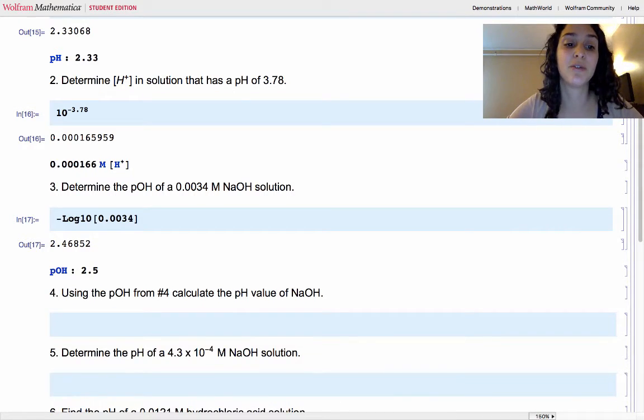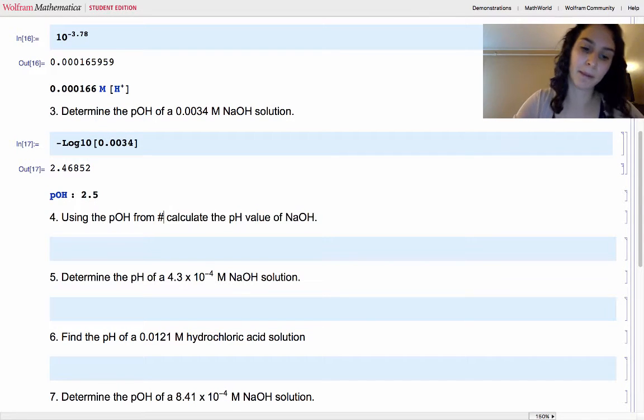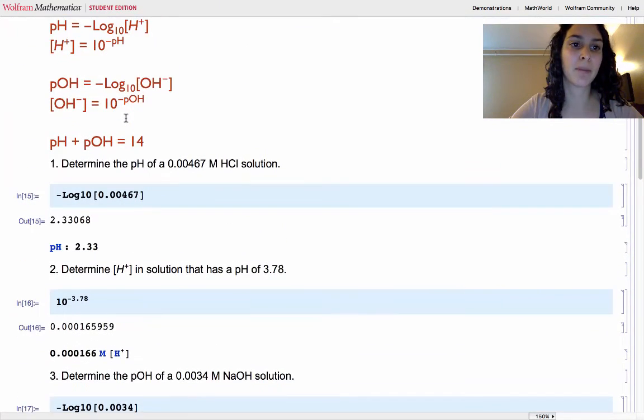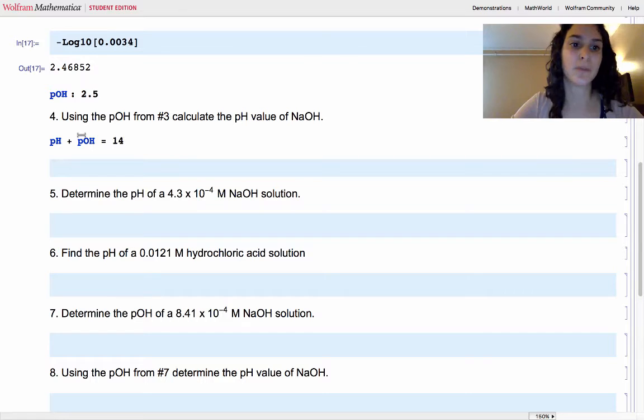Then we go to 4 and it says, using the pOH value from number 3, calculate the pH value of the sodium hydroxide. So I'm going to use this equation. I know that my pOH is 2.5.